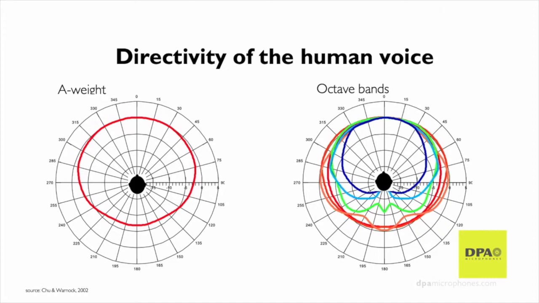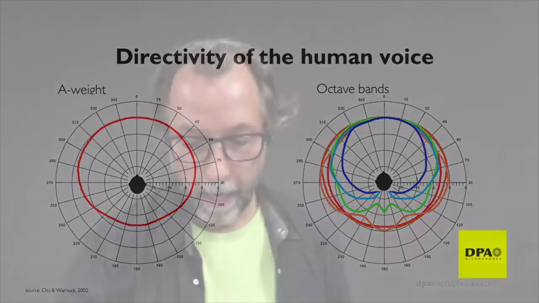voice. When we look at the directivity of the human voice, we see on the left here the level of the voice from 1 meter's distance. And when we're talking 1 meter, it's because 1 meter is considered normal conversation distance these days.